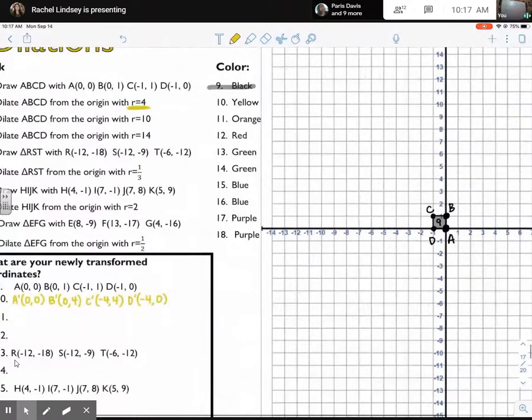And I'm going to graph those. There's A prime, B prime, C prime, and D prime.